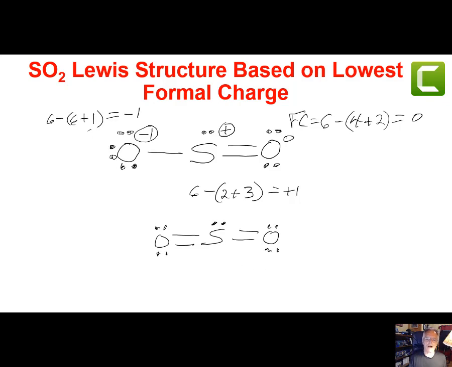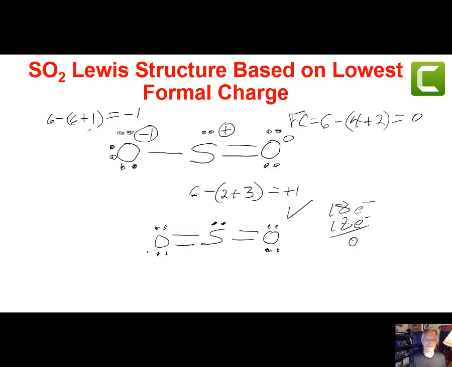We've still got a non-bonding pair of electrons on the sulfur, but let's count the number of electrons. 2, 4, 6, 8, 10, 12, 14, 16, 18. I have 18 valence electrons. I used 18 electrons to draw my structure, none left over.